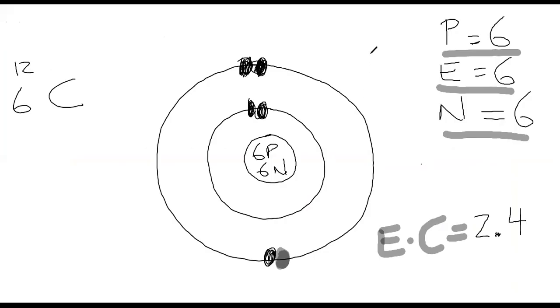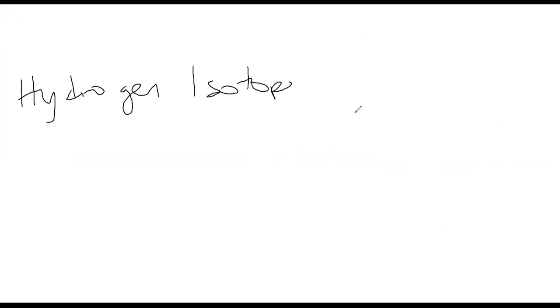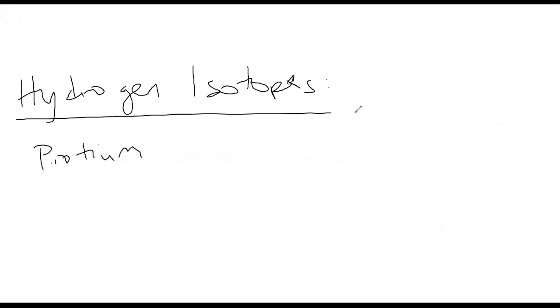So hydrogen isotopes, right? We have protium, which is 0 neutrons.